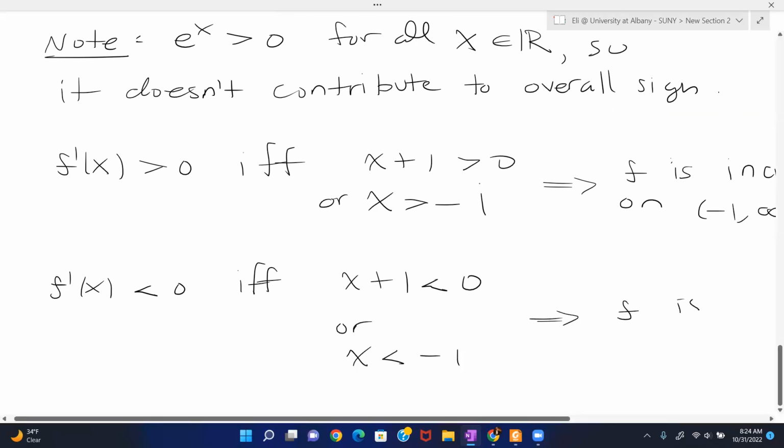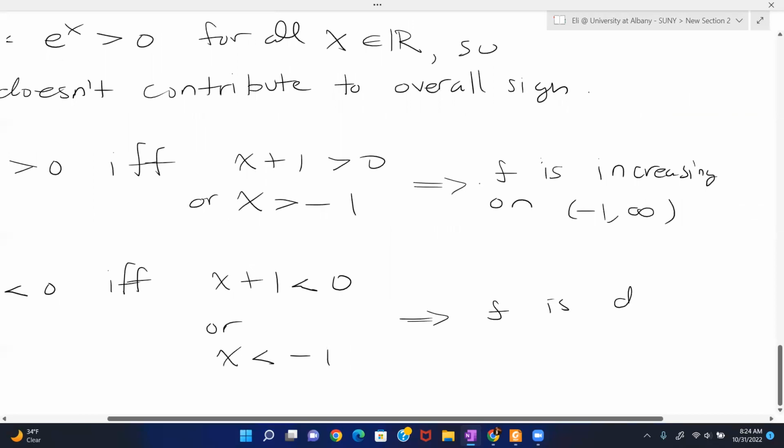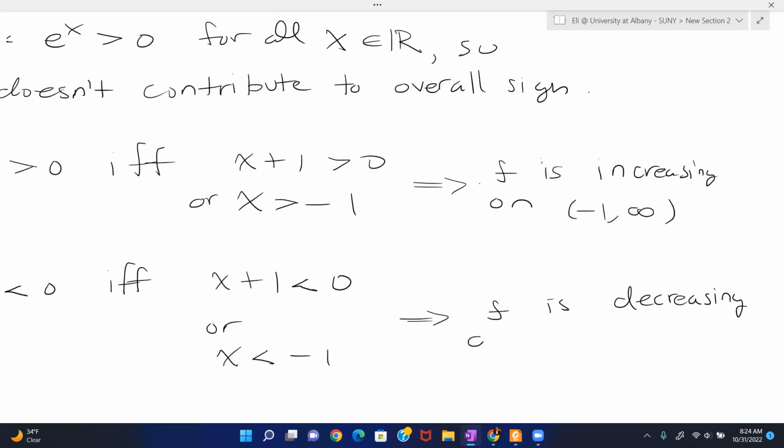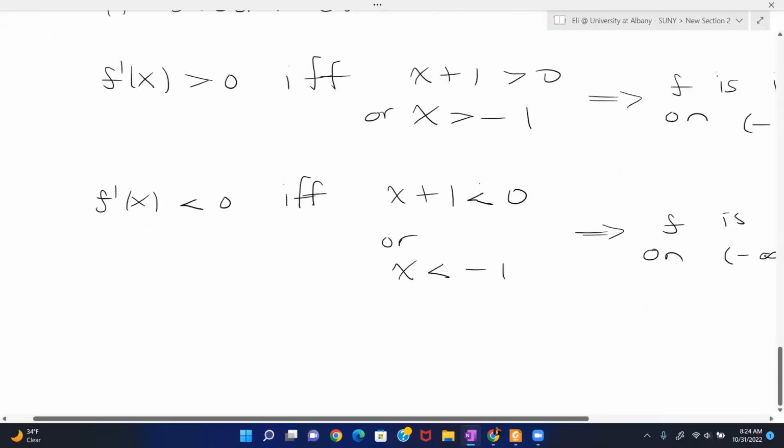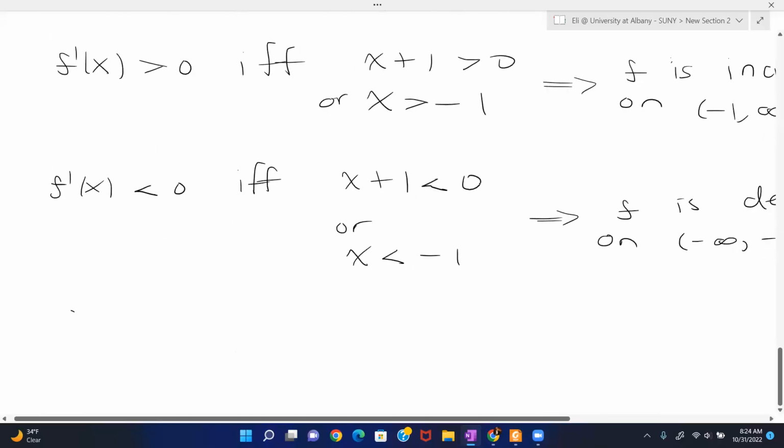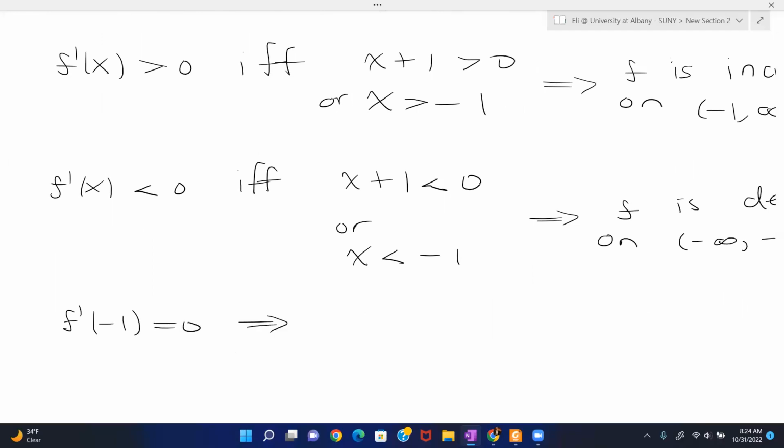So we can say f is decreasing on the interval -infinity to -1. Now note that f prime of -1 is 0, so -1 is a critical point.